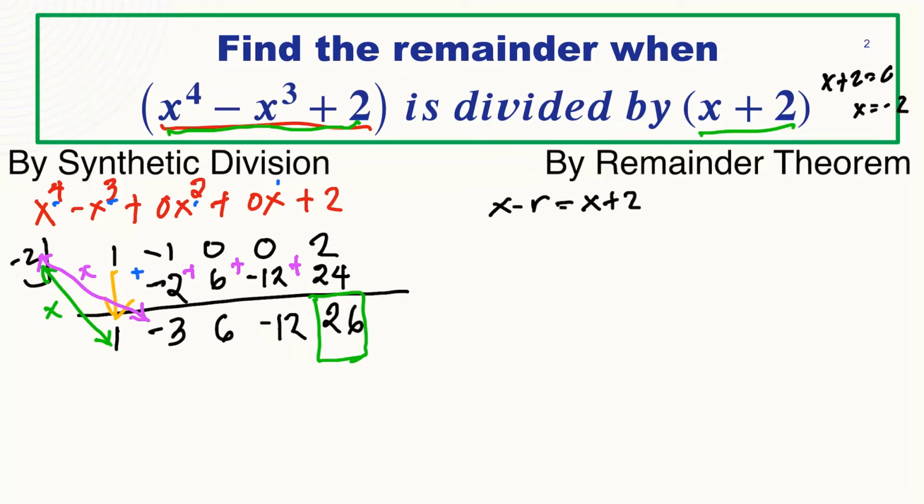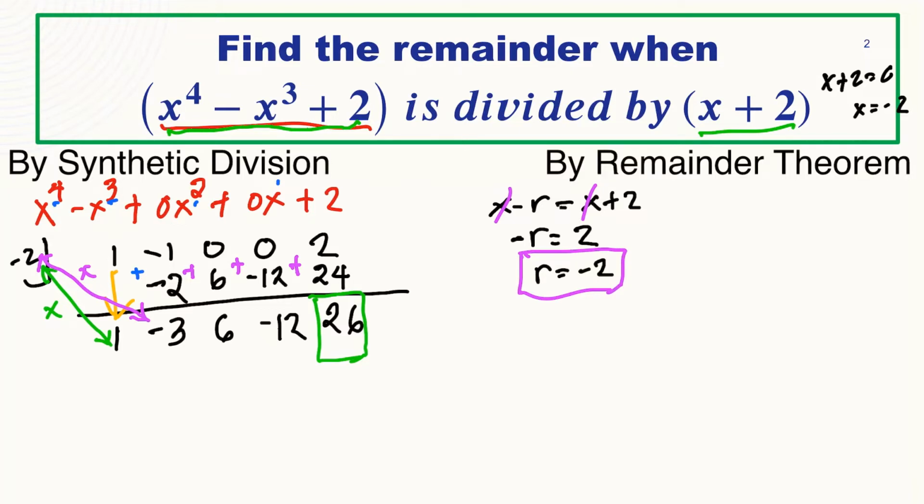Solving for r, the x will be cancelled out, so that will give us negative r equals 2. We divide both sides by negative 1, and that will give us r equals negative 2. So this is our small r.